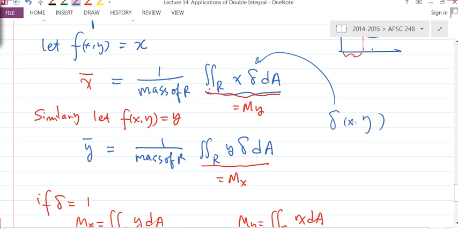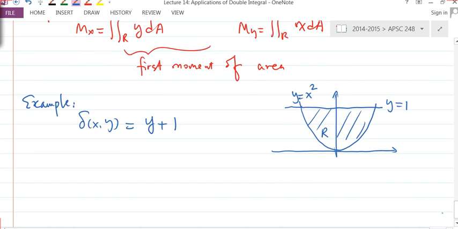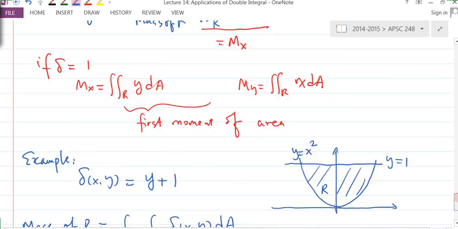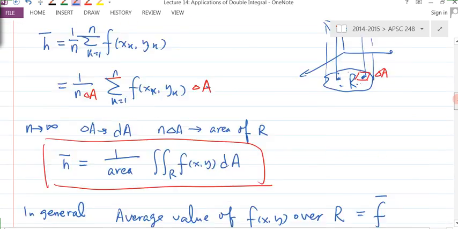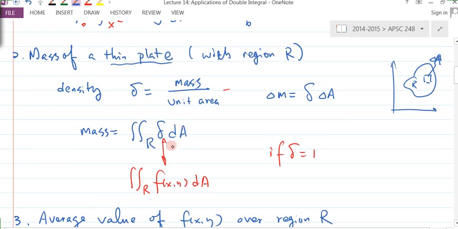So let's calculate the mass of R first. That's our second application: the mass of a thin plate is a double integral of the density function times dA.